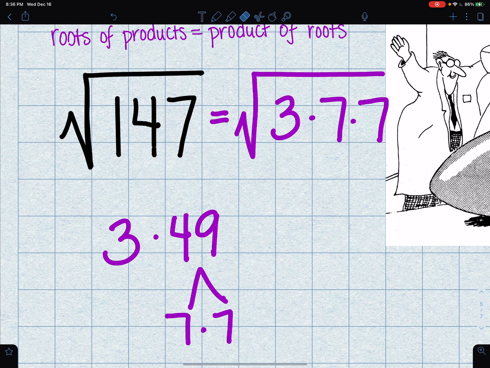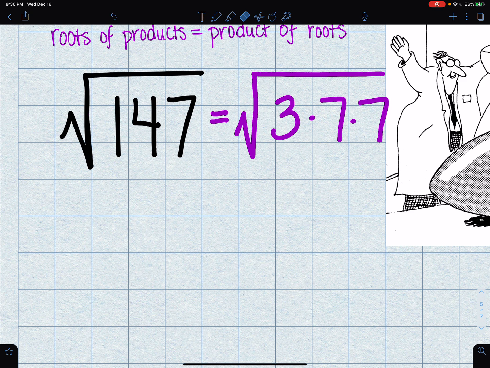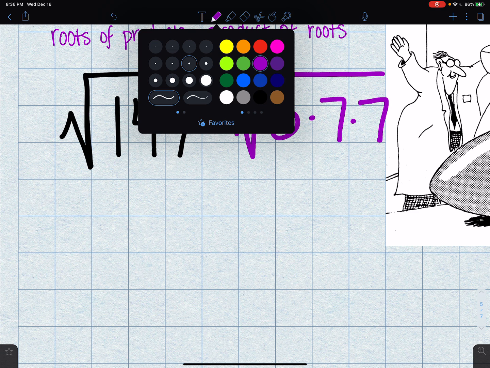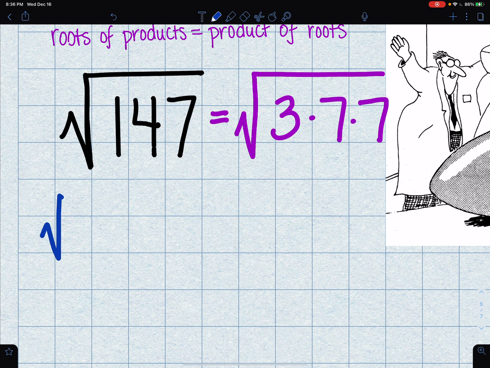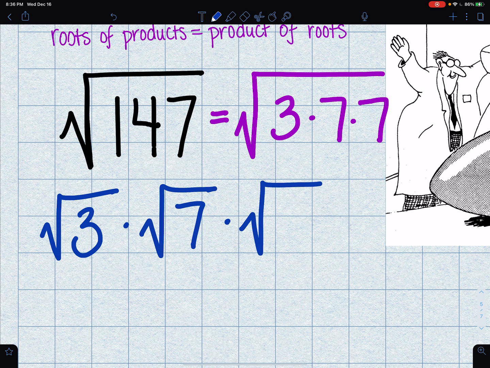Okay, and I'm going to go ahead and erase this nonsense. Alrighty, so this is also the same as the square root of 3 times the square root of 7 times the square root of 7. And this part can definitely be simplified because it's the same as this squared, right?